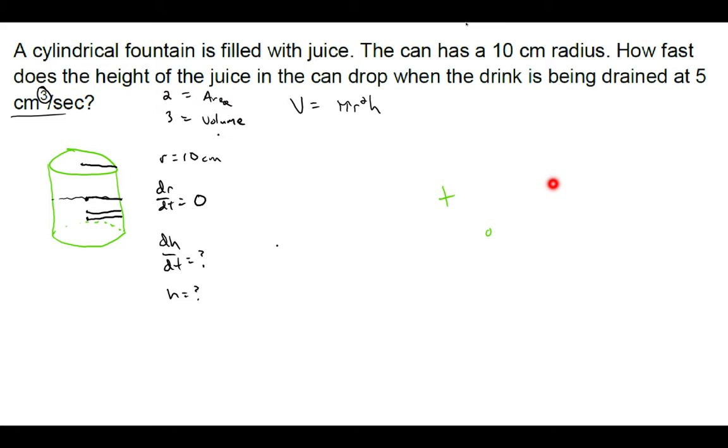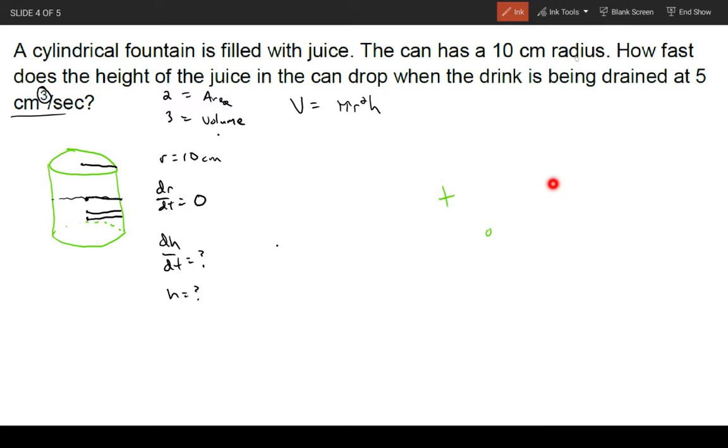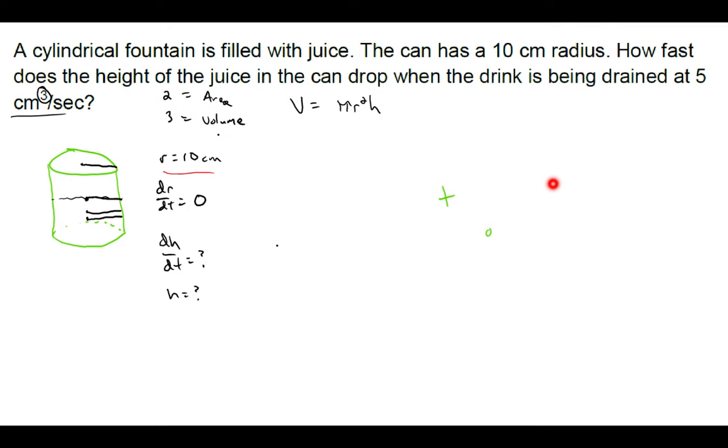So before we take the derivative, we can actually plug in at least one thing, and that is r, because r does not change. So V equals pi, r is 10 squared, h, and let's simplify this a bit. It becomes 100 pi h.